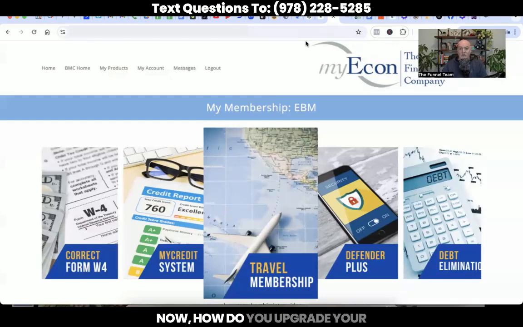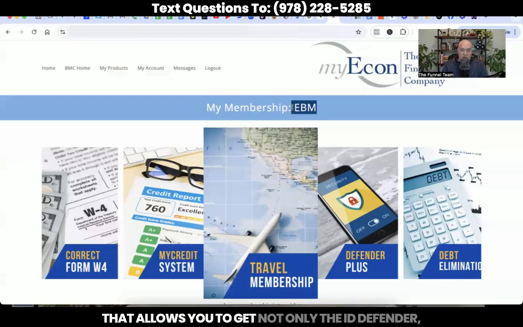Now, how do you upgrade your membership once you get started? So if you join at the $40 level or the $20 level and you want to upgrade to the EBM membership, you can see it here. That allows you to get not only the ID Defender, but you also get access to the travel membership. Those are the two things that you will not get at the two lower levels when you join at 20 or you join at 40.